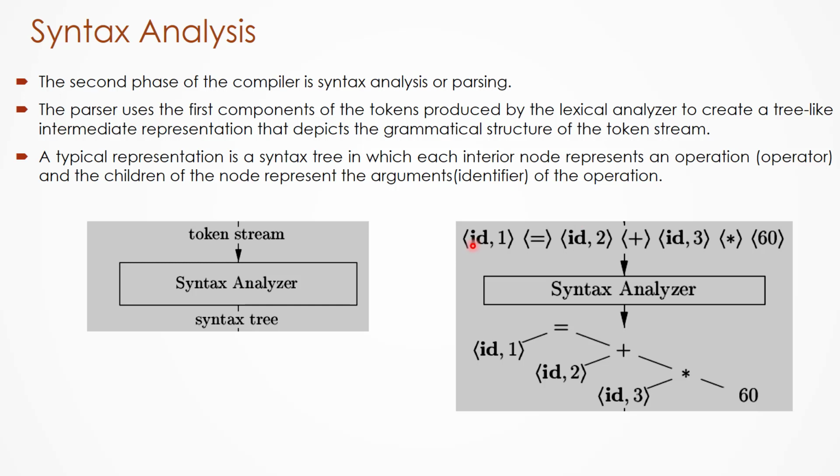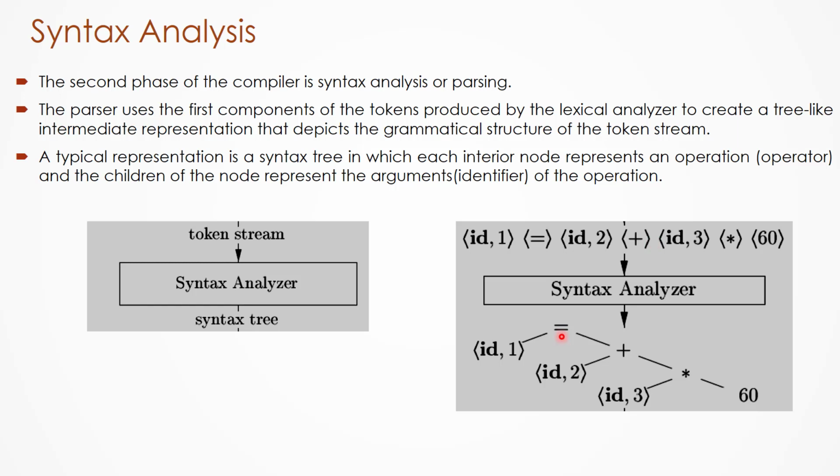So I will try to explain with the help of an example. Here id1 equal to id2 plus id3 star 60 is the input given to the syntax analyzer. The output of the syntax analyzer is always a tree, and the interior nodes generally represent operators and the leaf nodes represent identifiers.